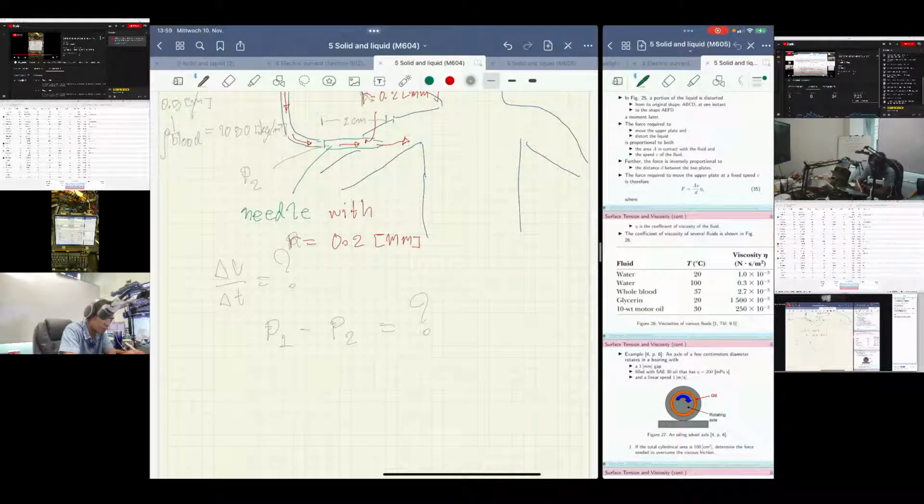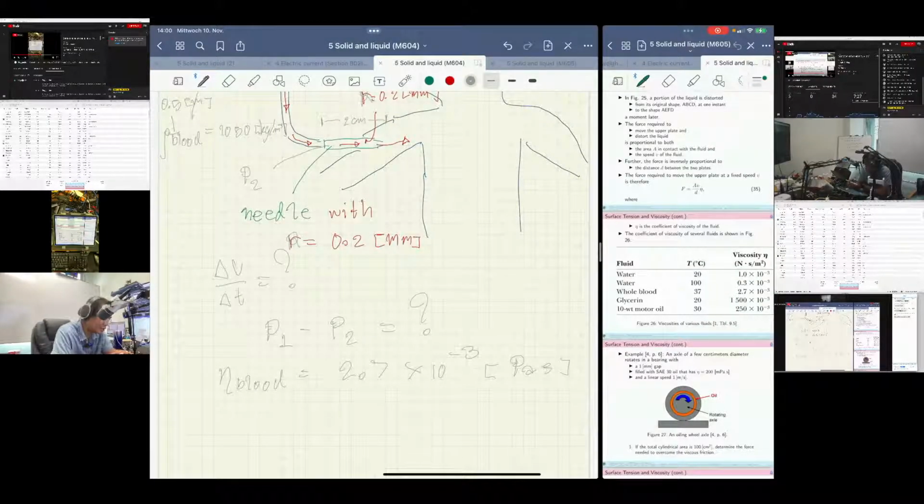So the viscosity of the blood is 2.7 times 10 to the negative 3 Pascal second.